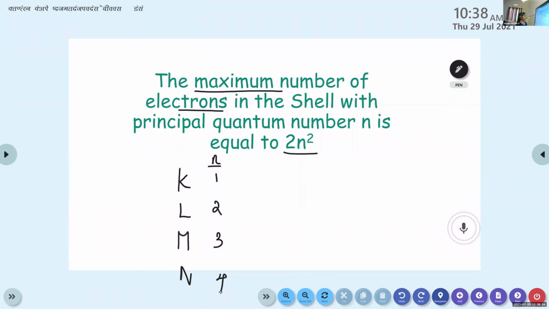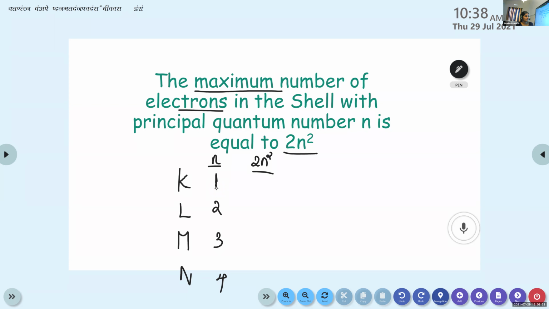Then we are going to find the maximum number of electrons in each shell, using 2n squared. So what's the maximum number of electrons in the K shell?